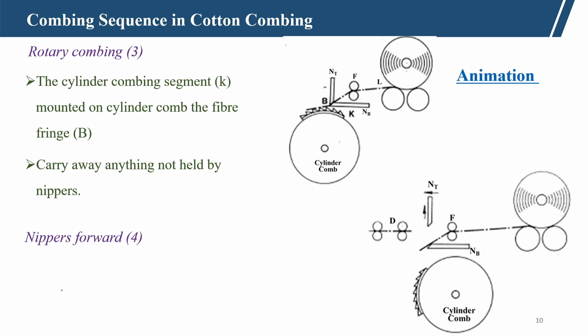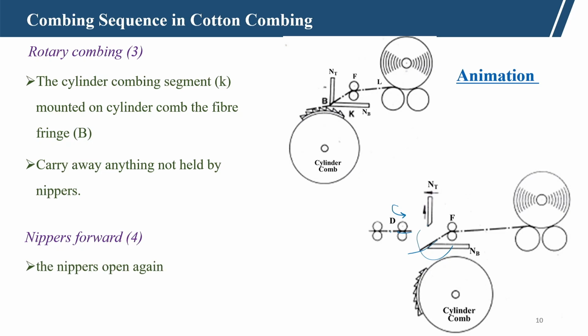When the nipper comes forward, the top nipper moves upward and the nippers open, and it allows the fiber overlap. Then the detaching roller starts moving backward. The previously combed fiber fringe is overlapped with the newly combed fiber fringe.